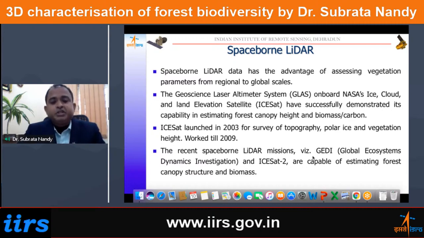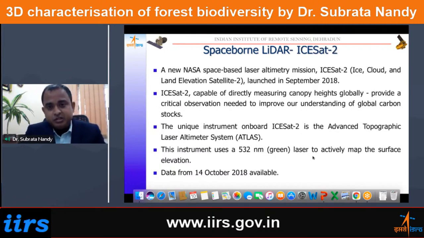Recently, two missions were launched. One is GEDI, the Global Ecosystem Dynamics Investigation, and the other is ICESat-2, the Ice, Cloud and land Elevation Satellite. These are capable of estimating forest canopy structure. Now, this has global coverage. I'll go one by one. Let us say first ICESat-2.